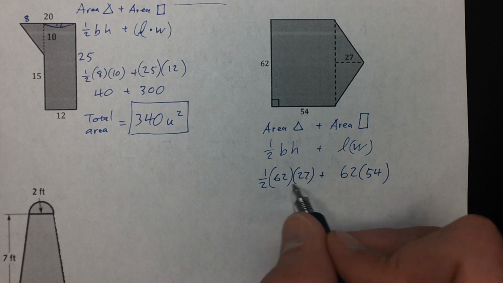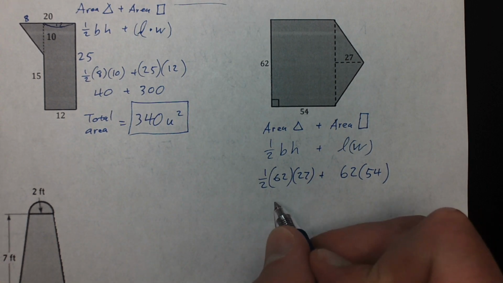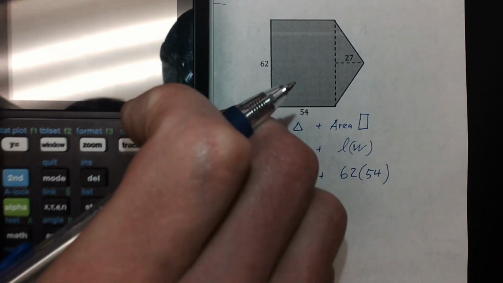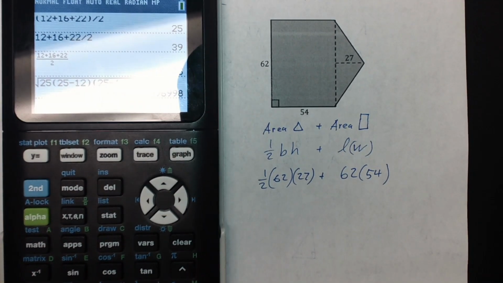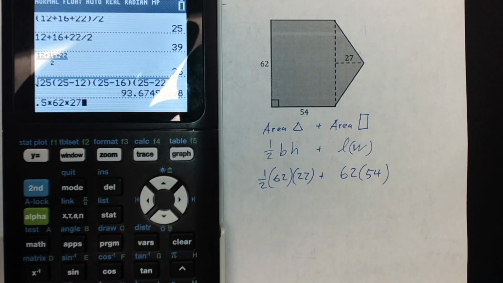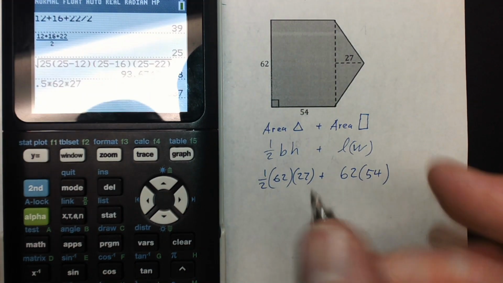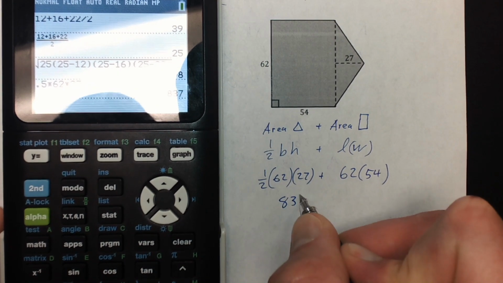1/2 of 62 times 27, that is 800. I can't do that, actually. Let me just check my work. 1/2 times 62 times 27. So I get 837.